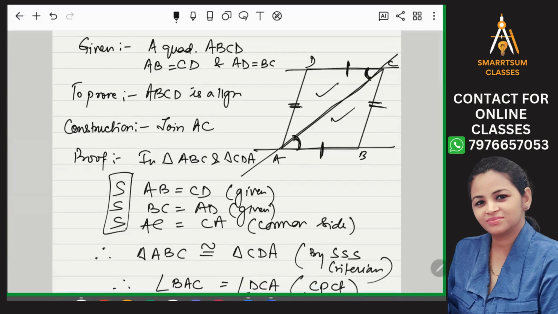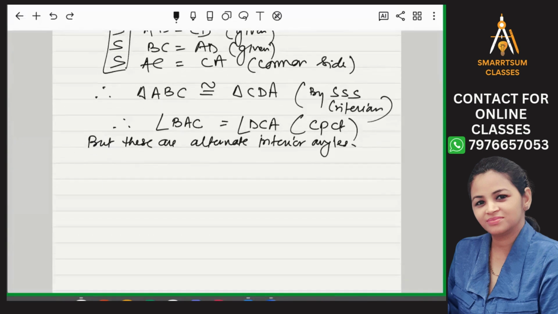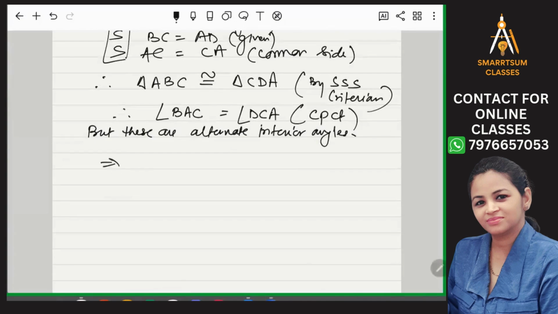Therefore these two angles are alternate interior angles, which we have proved are equal. Since alternate interior angles are equal, we can say that AB is parallel to CD. Because when alternate interior angles are equal, the lines are parallel, right? So one thing we have proved.